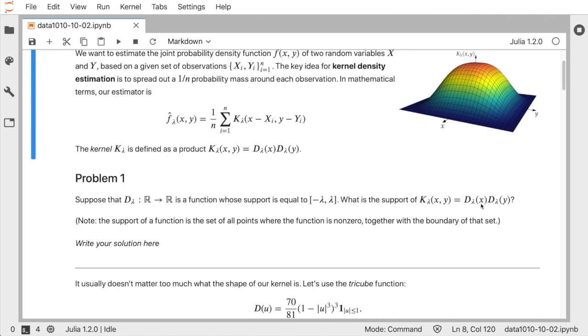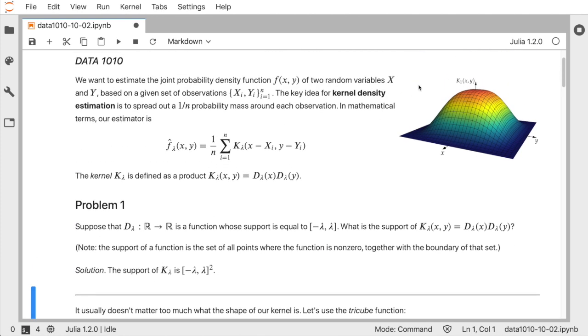So if little x is between minus lambda and lambda, this part will be non-zero. If little y is between minus lambda and lambda, this part will be non-zero, and so the product will be non-zero. Conversely, if x or y is outside that interval, one of the two factors will be 0 and the product will be 0.